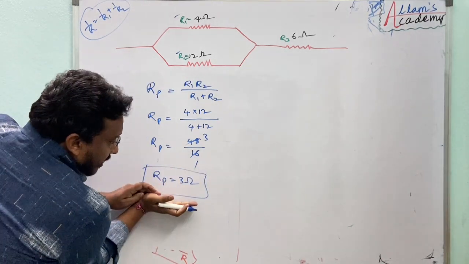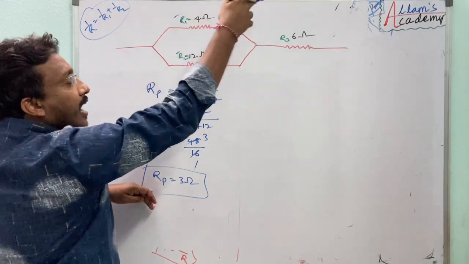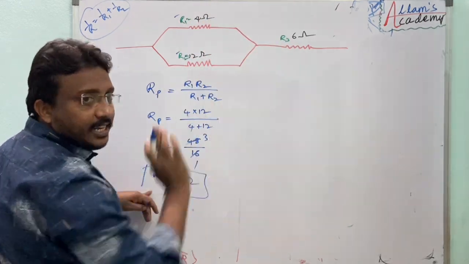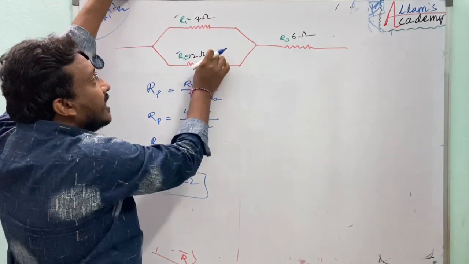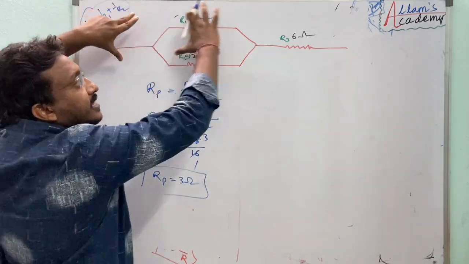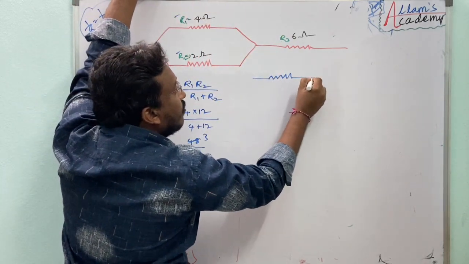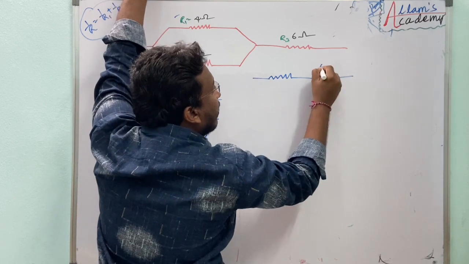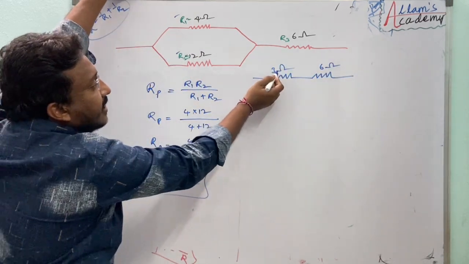Now this effective resistance of the two parallel resistors becomes a series with the other one. After finding the effective resistance of the parallel connection, the circuit is minimized like this: this is 6 ohms, this is 3 ohms. See, from where we get 3 ohms, sir?